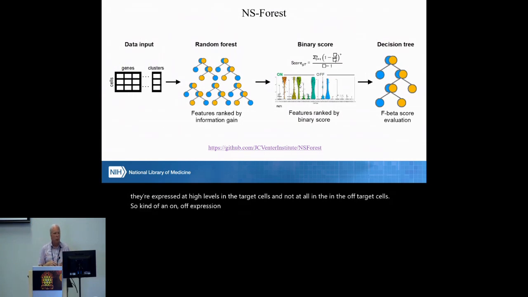And so we re-ranked the informative features based on a binary score that quantifies that kind of pattern. And then we take those candidates and we build a decision tree using various combinations of those markers. And then we select the optimal combination as the combination that gives us the best classification performance based on F-beta score evaluation. So that's the way the algorithm works.